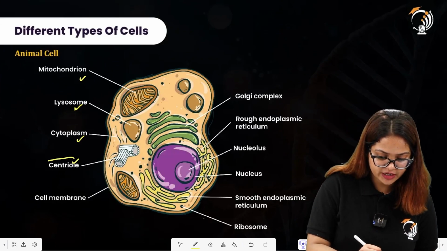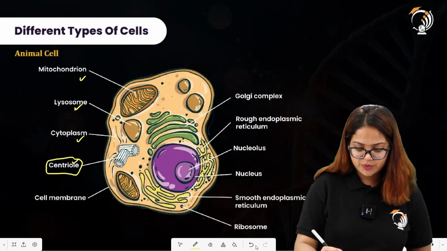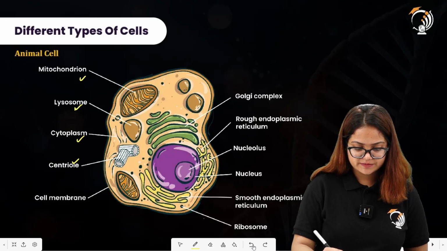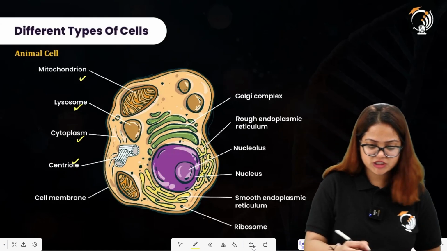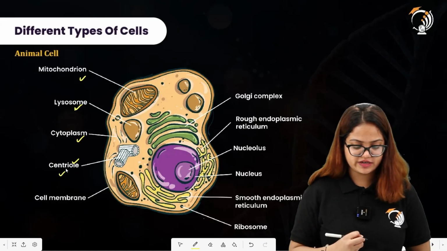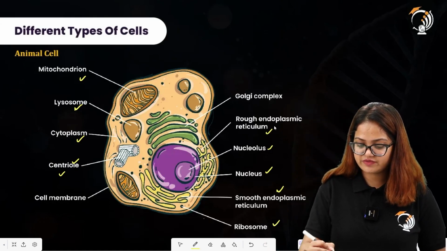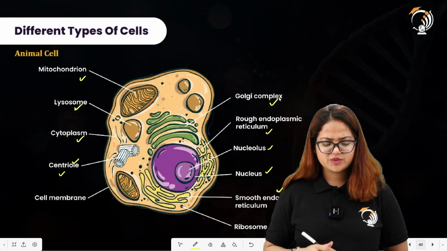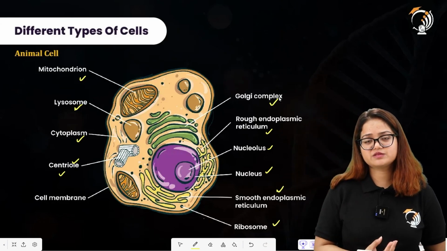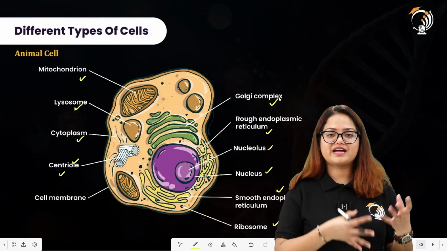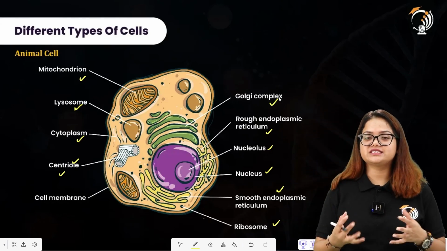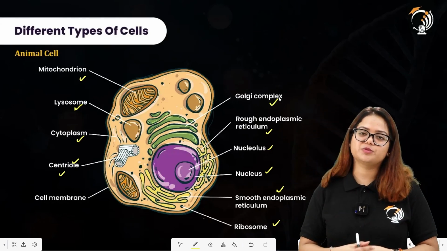Centriole are the structures responsible for the cell division process. Cell membrane is there, ribosome, smooth endoplasmic reticulum, nucleus, nucleolus, rough endoplasmic reticulum, Golgi complex. It is the apparatus that performs the modification and packaging of the proteins and lipids synthesized by the smooth and rough endoplasmic reticulum.